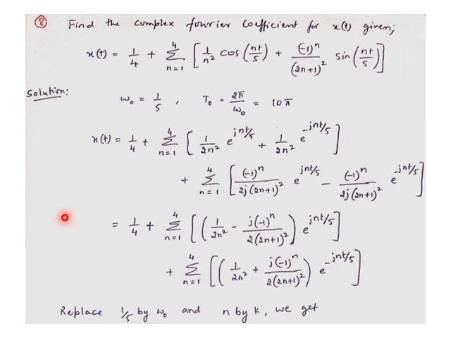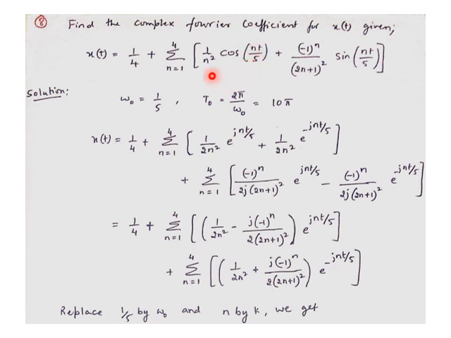Hence, we will take the x of t and rewrite it again: 1 by 4 plus summation n equal to 1 to 4. Instead of cos omega t, I'll take it in terms of the exponential function. So cos nt by 5 should be replaced by the exponential factor, that is e to the power j nt by 5 plus e to the power minus j nt by 5 divided by 2.